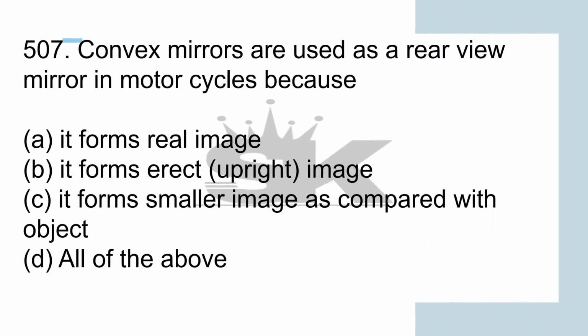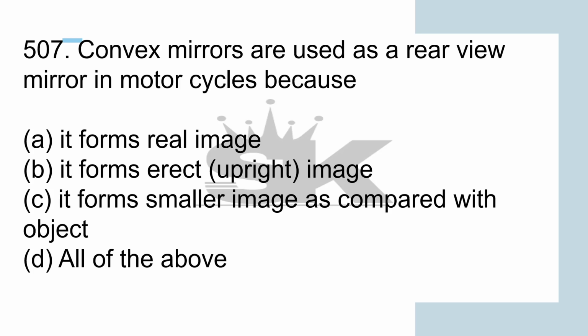Convex mirrors are used as rear view mirrors in motorcycles because the image is smaller, so more of the image can fit onto the mirror. A convex mirror provides a larger field of view than a plane mirror. This is why they are useful in the rear view mirrors of cars or bikes.